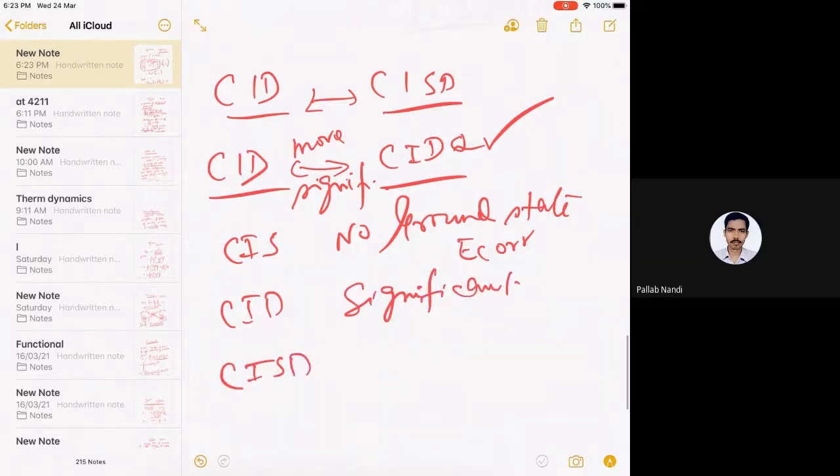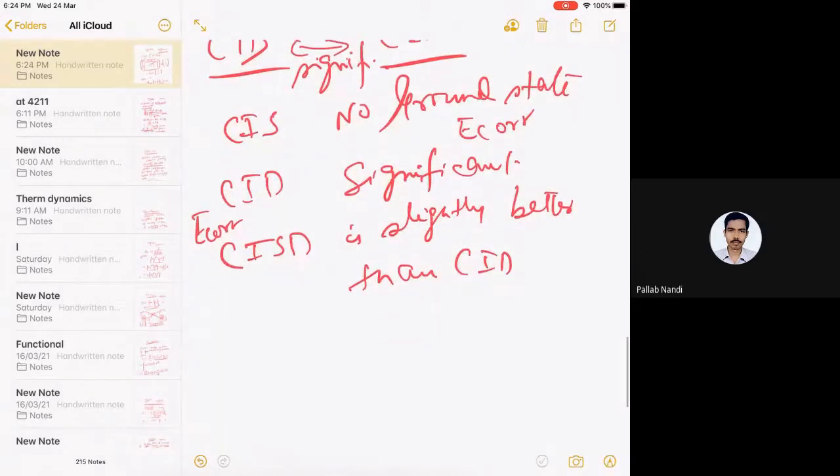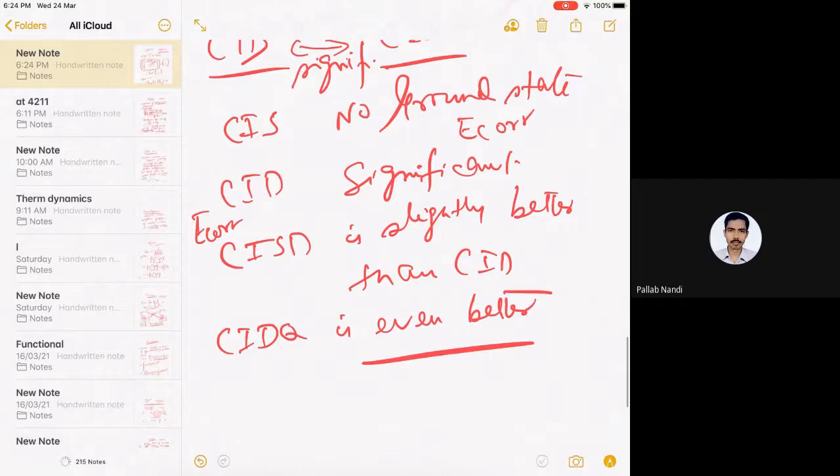CISD correlation energy is of course slightly better than CID, because singles is improving the result. But CI doubles quadruples is even better, if you compare to CI doubles.